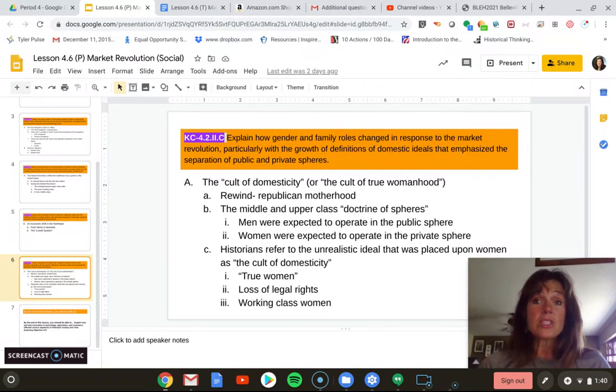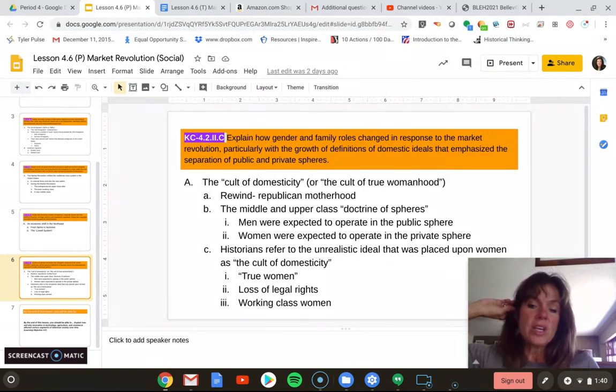They were expected to take care of the home, the running of the household, because womanly emotions lent themselves to calm and virtuous behavior. This was what was needed in the home, and this was what was needed by the husband at the end of the day. He had a hard day in the public sphere. He needed to come home to this calm, virtuous, chaste, peaceful haven.